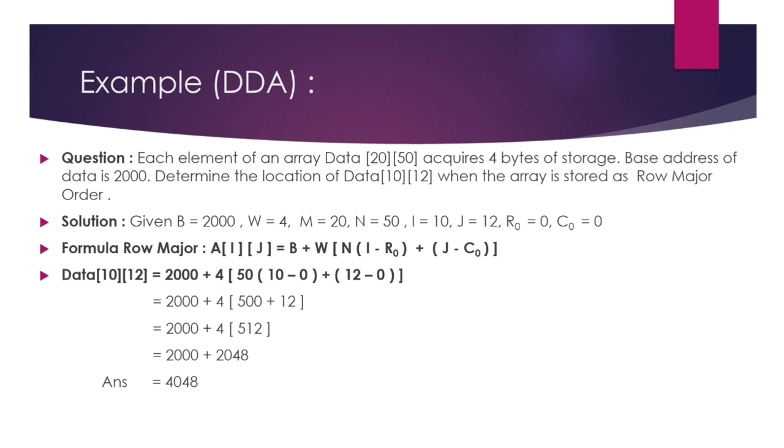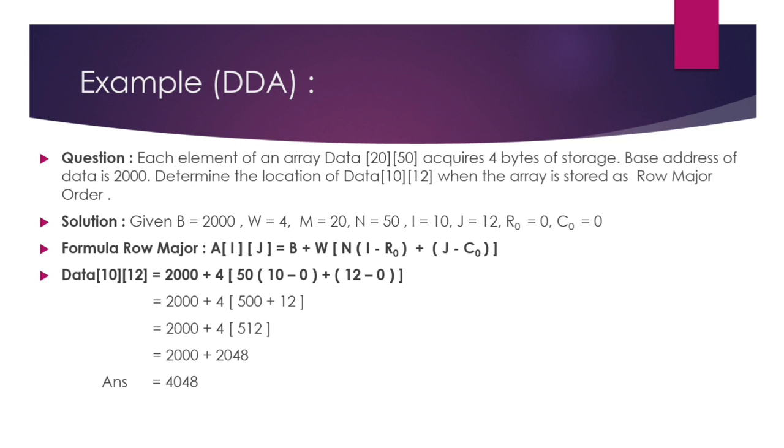When the array is stored in row major order, means you have to put the formula of row major order. In this way you have to find out what is given in a question. And R0 and C0 are not specified, that's why by default they are 0. Our first location of an array always starts from 0, that's why R0 and C0 are both 0.